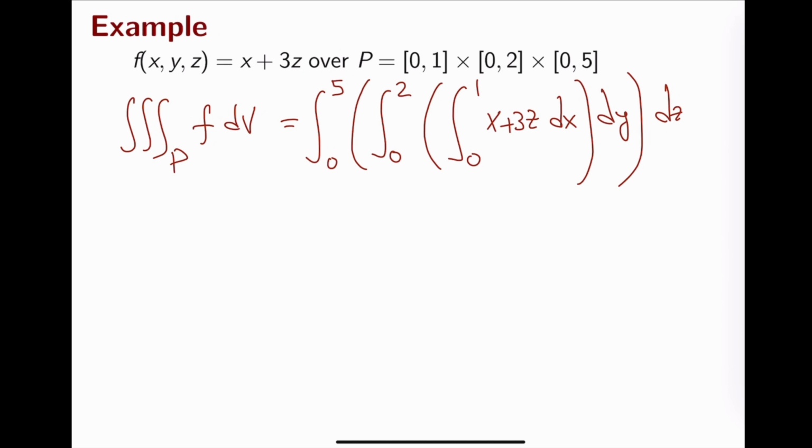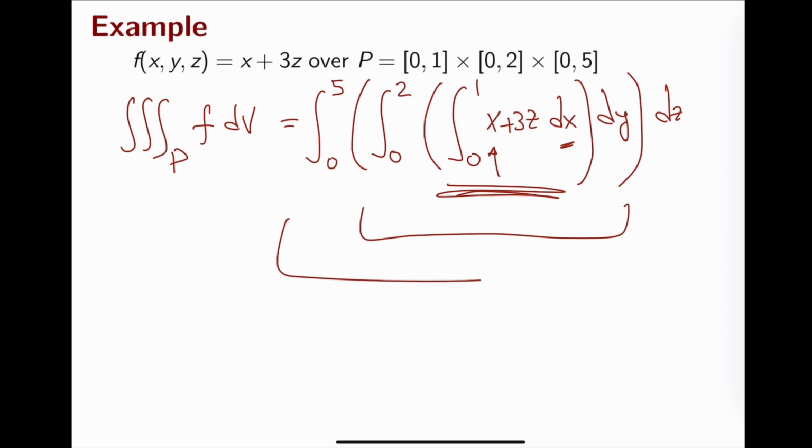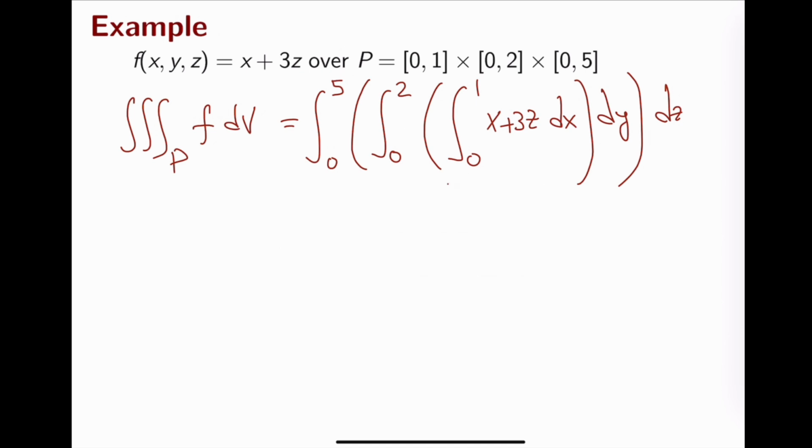And so, as before, we start by doing this integral where we consider that the only variable here is going to be x. And when we finish this integral, then we're going to do the other one. And finally, the last one will be with respect to z. Okay, so let's start. So we leave these two outside, right?